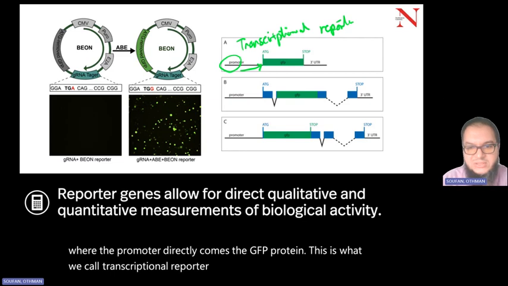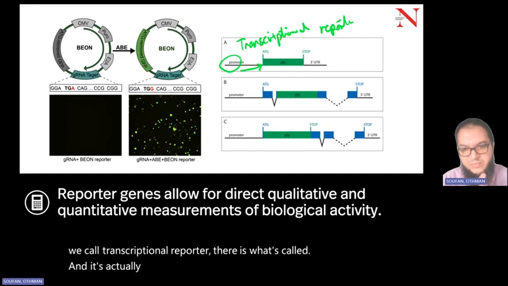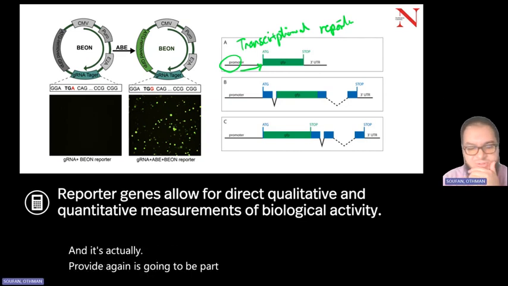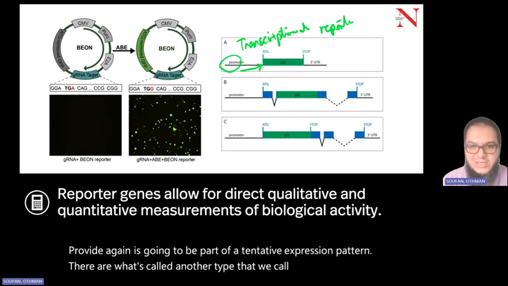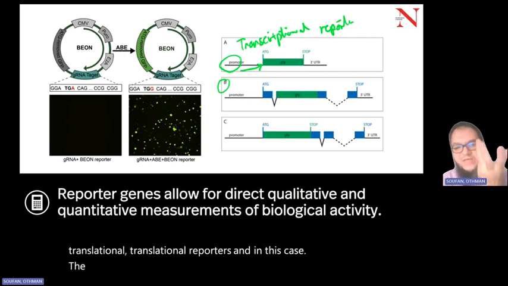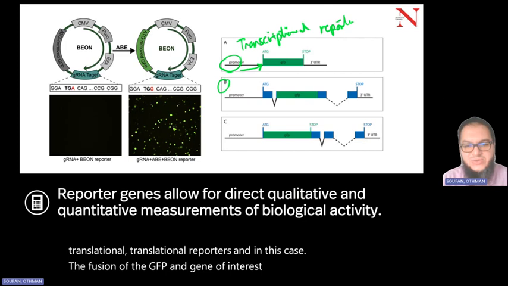It provides, again, part of a tentative expression pattern. There is another type that we call translational reporters. In this case, the fusion of the GFP and the gene of interest happens as you can see.